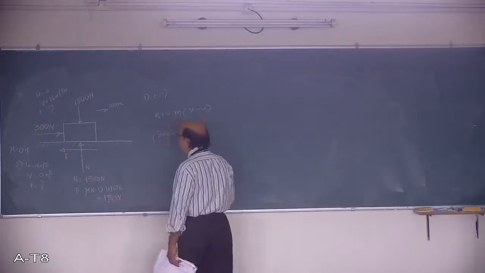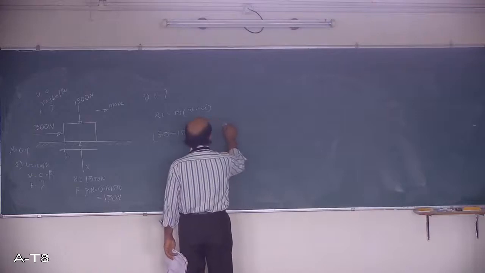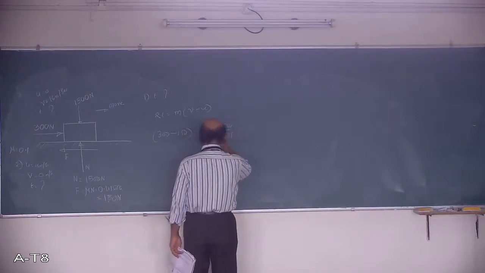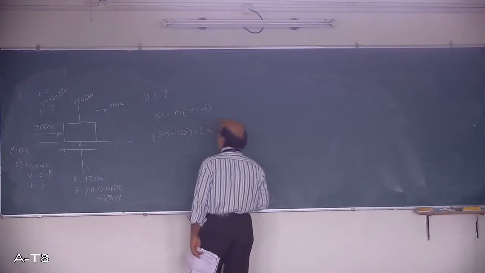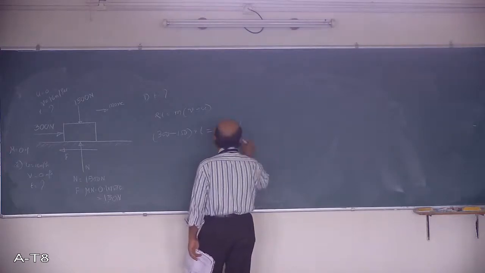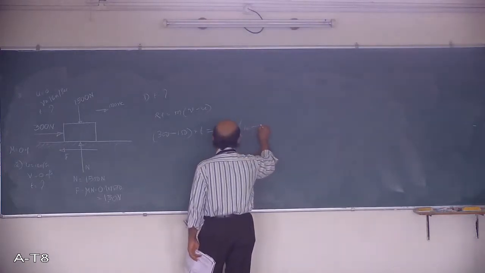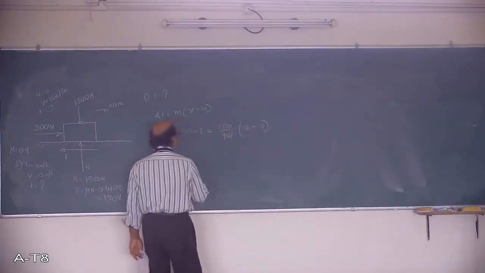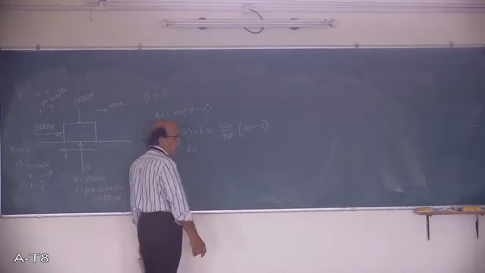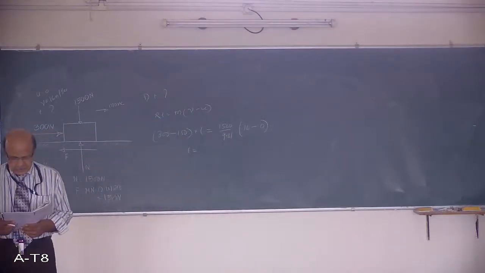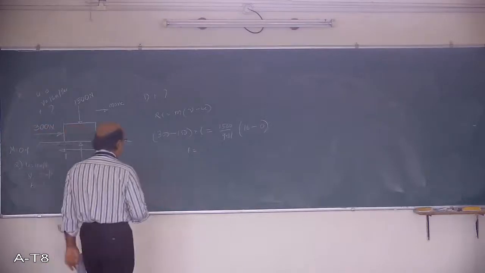The weight of the block is 1500 Newton, so I take mass as 1500 divided by 9.81, W by g, into final velocity 16 meters per second minus initial velocity 0. Solving this equation, you get T is 16.31 seconds.